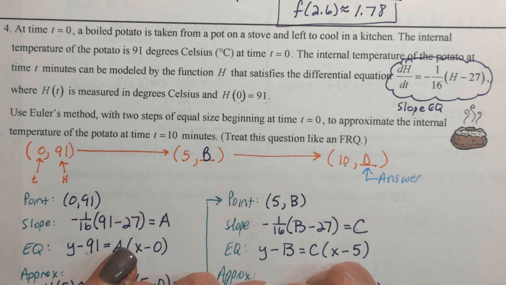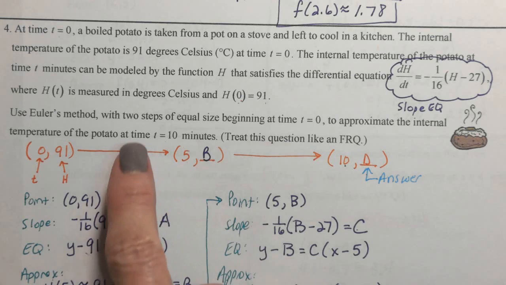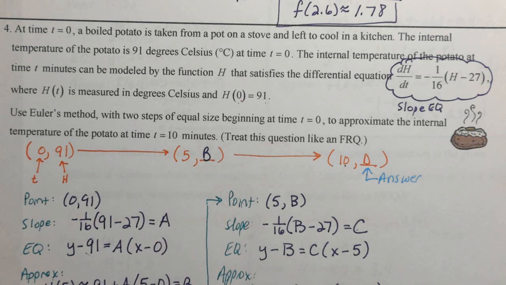For College Board, they want you to know the process. And what I have observed on College Board with their questions is that they like 2 steps. 2 steps is enough to let them know if you know the process. So you can expect 2 steps on the AP exam, and you can expect 2 steps on my work as well. All right, that's it.